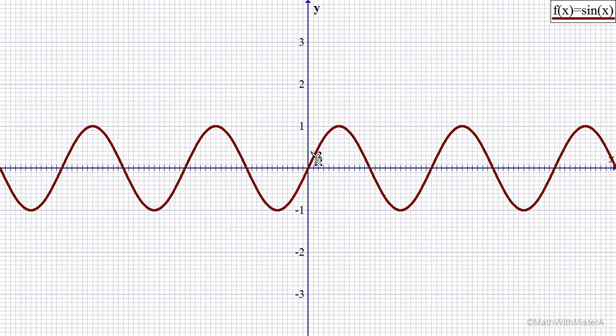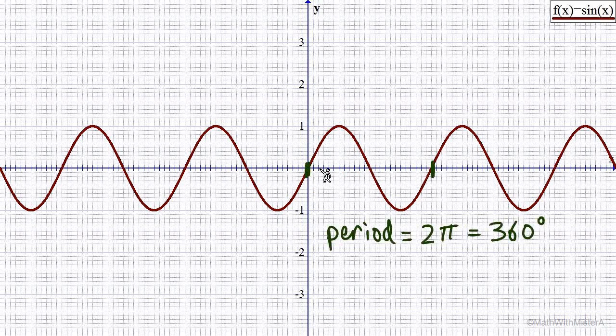We know that these trig graphs have a periodic repeating pattern, and we are interested in finding the period, which is the distance it takes to complete one cycle. With cosine and sine, we talked about the period being 2 pi radians, or 360 degrees. That distance along the horizontal axis is what's required for us to see one complete cycle, and then we could see this piece being repeated over and over again.